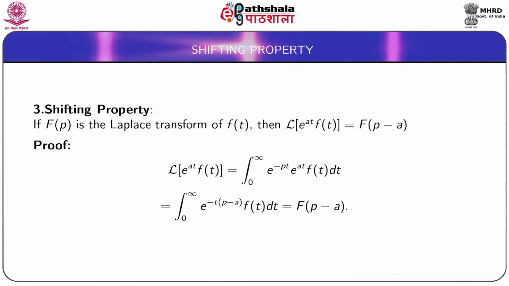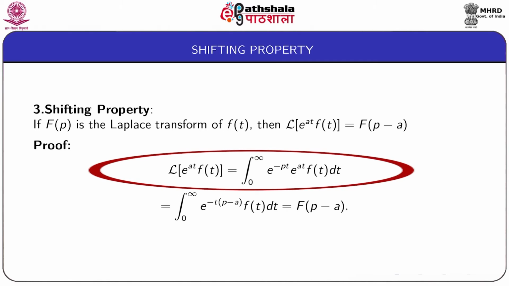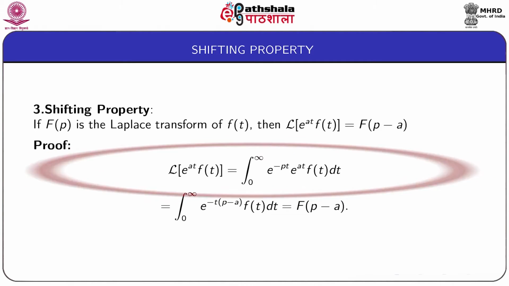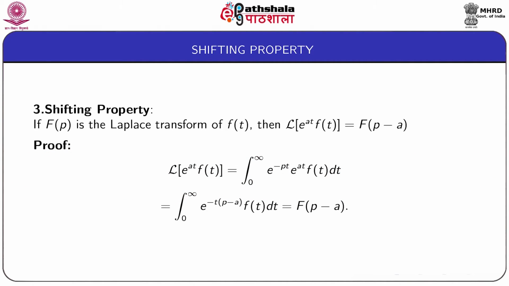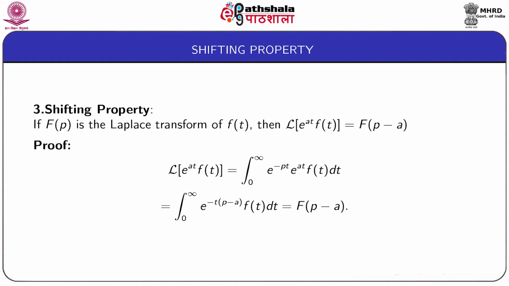For proof, we find the Laplace transform of e to the power at into f(t), which is equal to integral from 0 to infinity e to the power minus pt into e to the power at f(t) dt. That is equal to integral from 0 to infinity e to the power minus t(p minus a) f(t) dt, which can be evaluated to be equal to F of p minus a. So, the shifting property is proved.